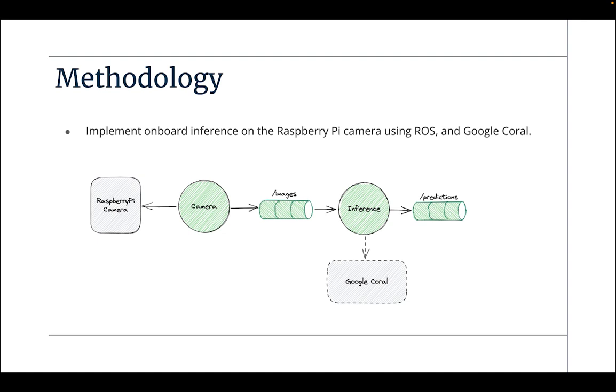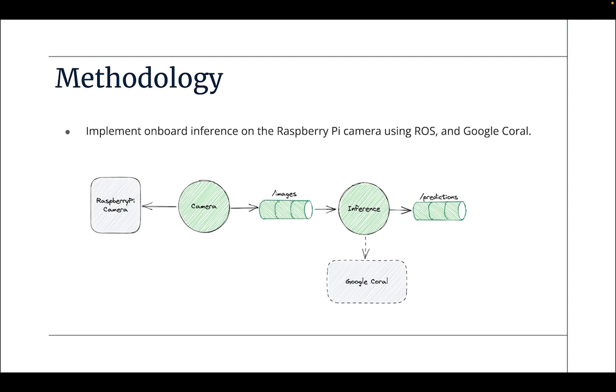And so in ROS, the way it works is you implement nodes. So your software systems are implemented as nodes, and they communicate with each other by sending messages to topics on a shared message bus. And so in this diagram here, you have the camera ROS node that is responsible for fetching images from the Raspberry Pi camera, where we used OpenCV to do that, and then publishing those images to the image topic.